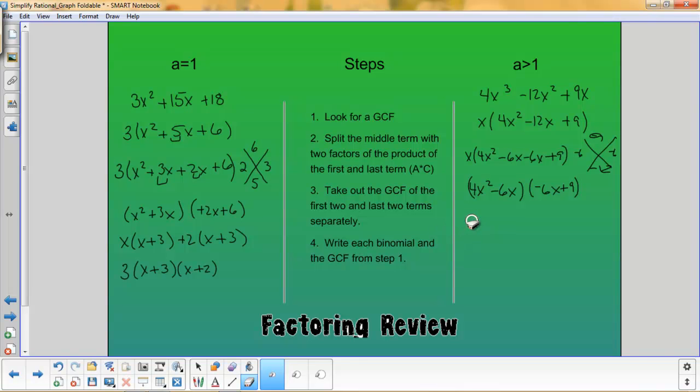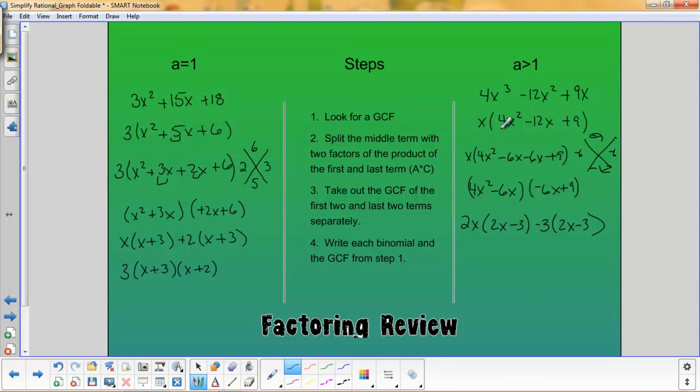Sorry, that is not the factor that comes out of there. It is simply 2x, leaving you 2x minus 3. Remember, these two symbols don't match, so we've got to take out the negative here, leaving 2x minus 3 in the center.